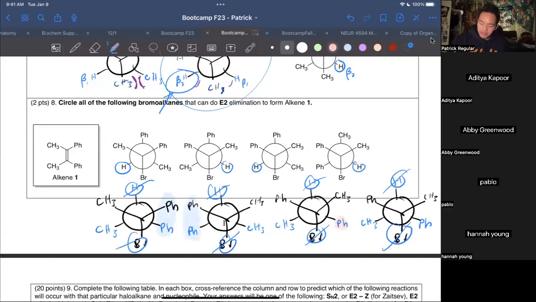Well, this phenyl group and this phenyl group, they're trans. This phenyl group and this phenyl group, they're trans. So we know when we align the bromine and the beta hydrogen, these two giving us cis indicate that these two are our preferred bromoalkanes because they produce the same cis phenyl groups.